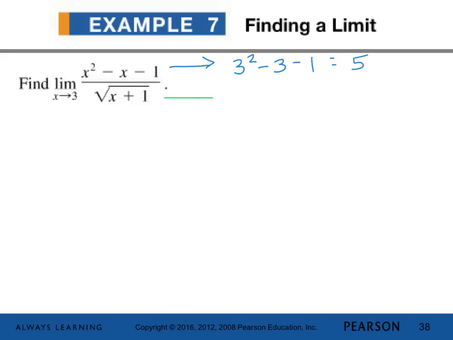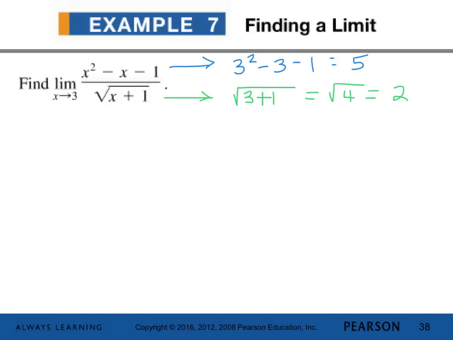And the limit of the denominator is going to be this square root. Since we're approaching 3, it's going to be 3 plus 1, which is the square root of 4, which is going to be, we'll assume the positive square root, which is 2.